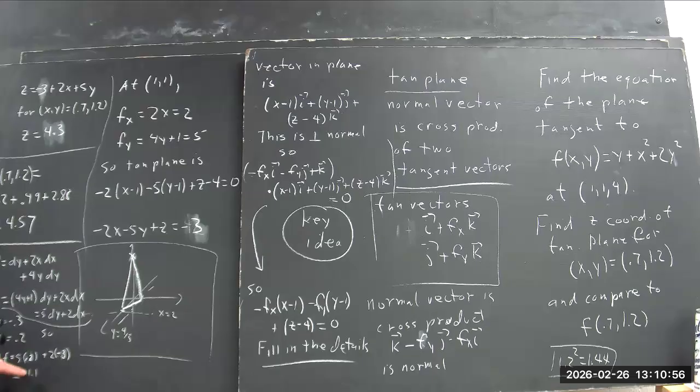And that's 1 minus 0.6, which is 0.4. I got 4.3 here. I probably should have gotten 4.4 because your df is 0.4. Okay.